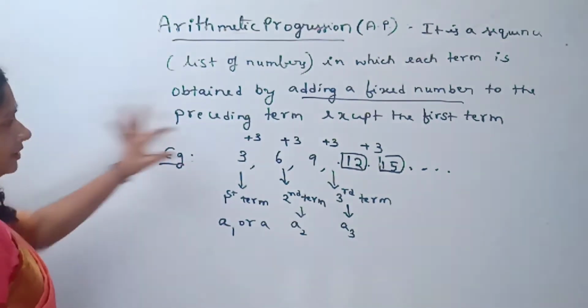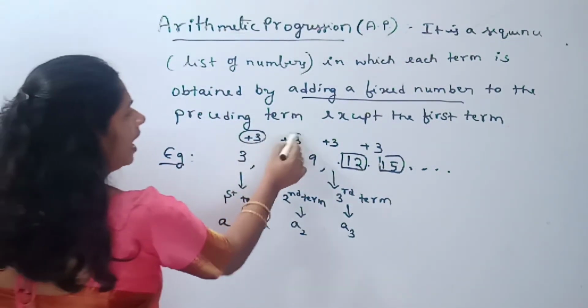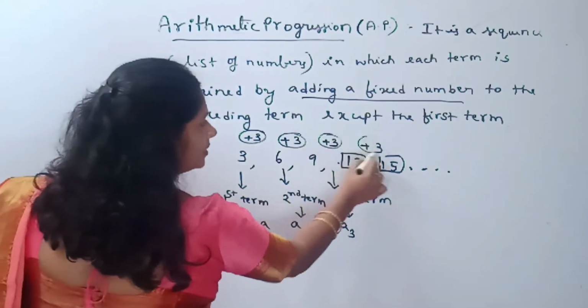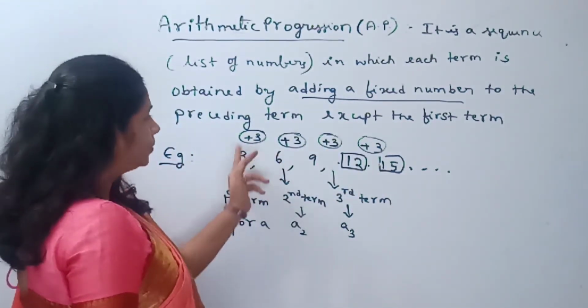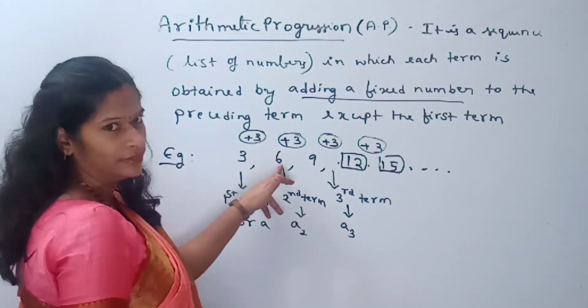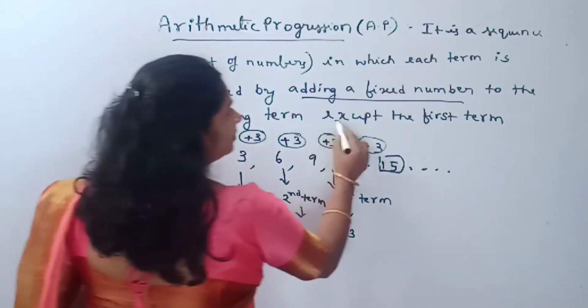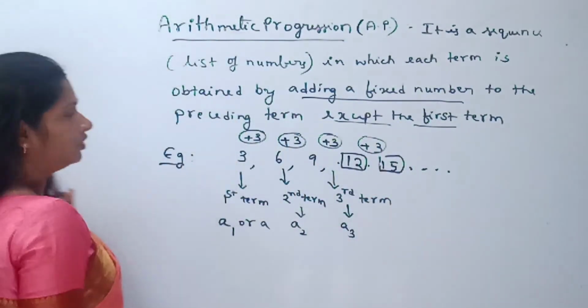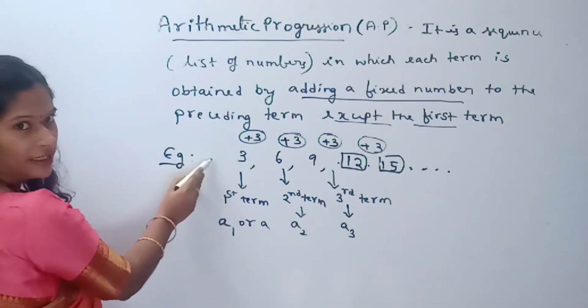Now, see, this is a sequence in which we are adding a fixed number. See, children, we are adding a fixed number to its preceding term to get the succeeding term, except the first term, because if you take the first term, there is no preceding term.